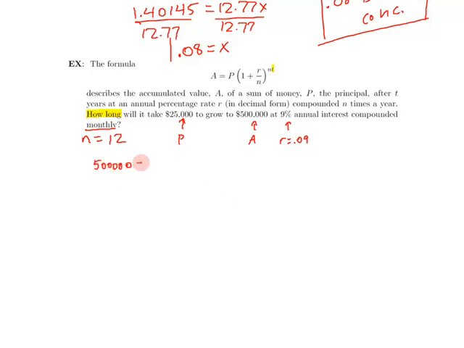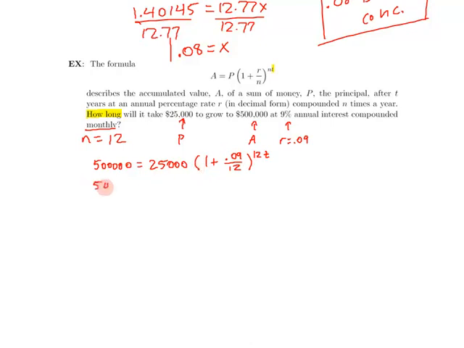500,000 equals 25,000 times (1 plus 0.09 divided by 12) raised to the 12t. First thing we want to do is simplify inside the parentheses.